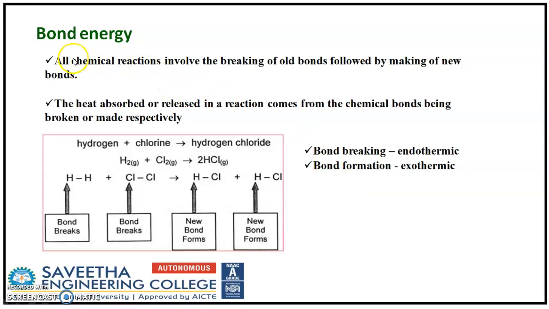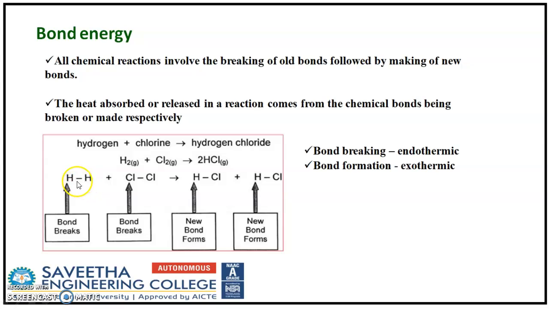And the next topic is bond energy. All chemical reactions involve the breaking of old bonds followed by the making of new bonds. The heat absorbed or released in a reaction comes from the chemical bonds being broken or made, respectively. Here they've taken the example of hydrogen chloride formation. Hydrogen and chlorine react to form hydrogen chloride, and all these reactions take place in the gaseous state.